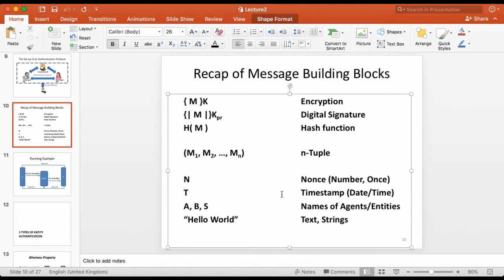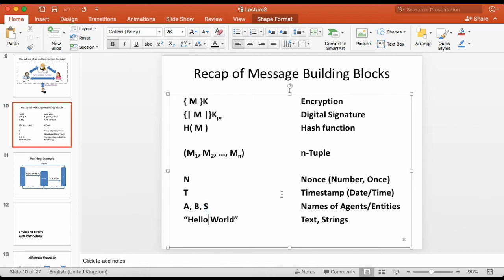Then we have names of agents and entities that are participating in a protocol: Alice, Bob, the server, Carol, Dylan, and so on. We use the capital letters A, B, C, D, and so on to refer to those agents. We always reserve the letter S to refer to the trusted third-party server.